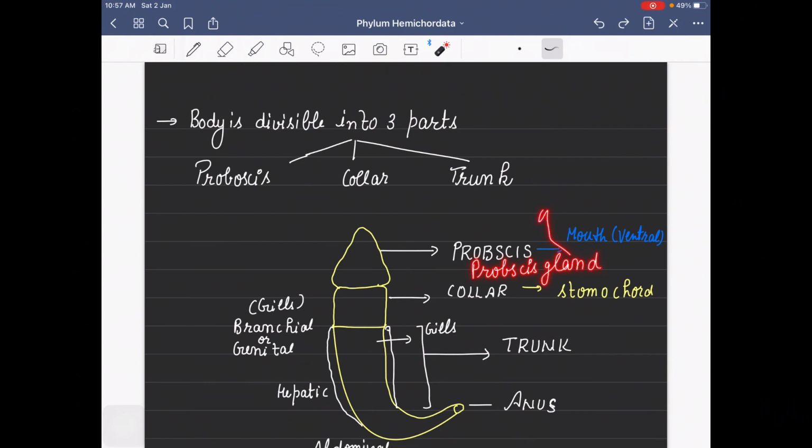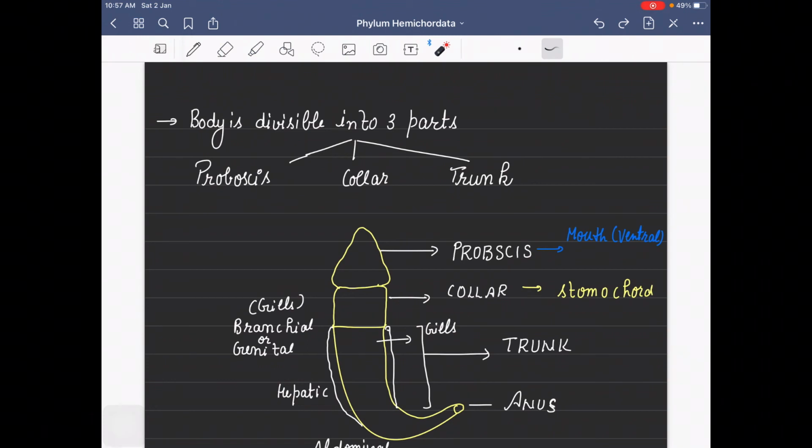This gland plays a role in excretion. So if you are asked a 1 mark question, what is the excretory organ in hemichordates, what will you answer? You will answer: proboscis gland.